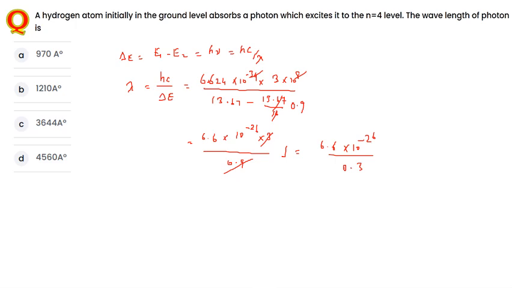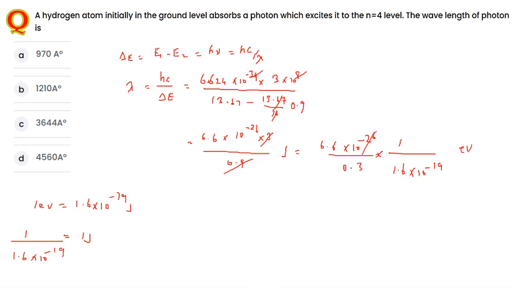Already you know that 1 electron volt is equal to 1.6 into 10 power minus 19 joule. From this, 1 joule is equal to 1 divided by 1.6 into 10 power minus 19 electron volt. So instead of 1 joule, I mention 1 divided by 1.6 into 10 power minus 19 electron volt.